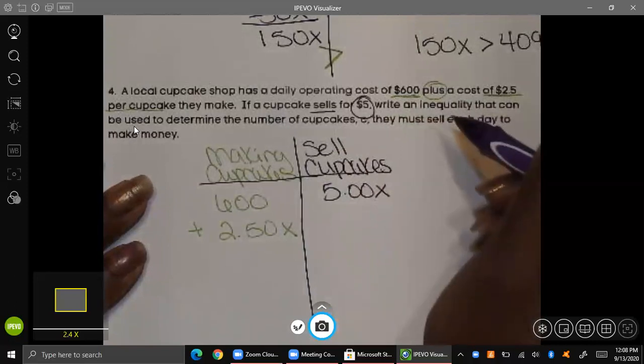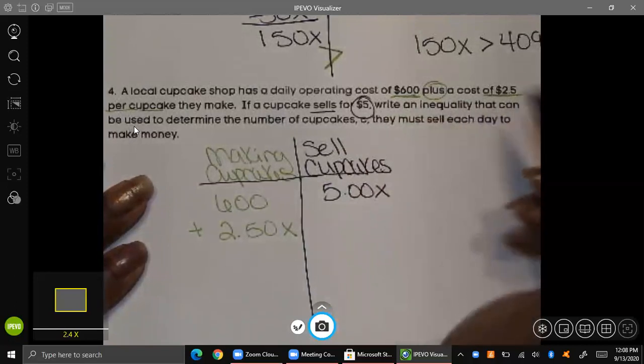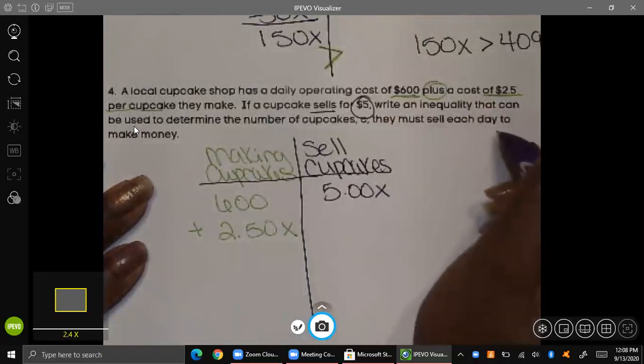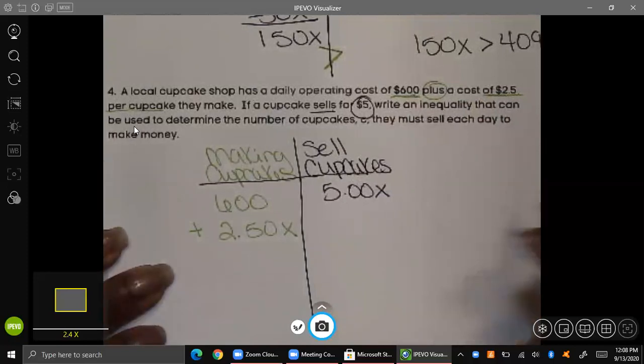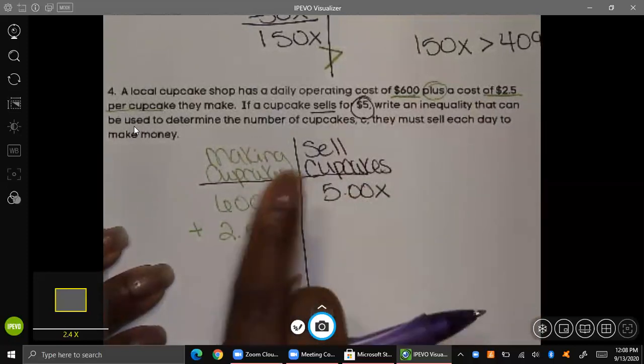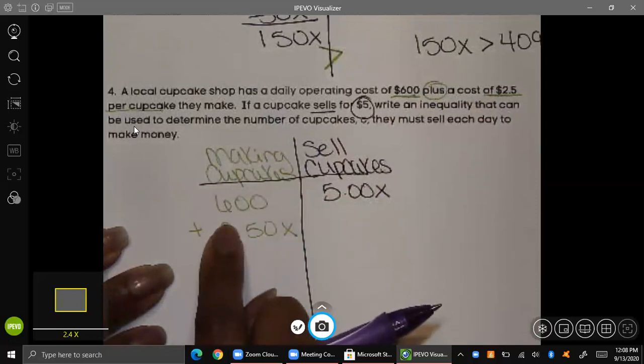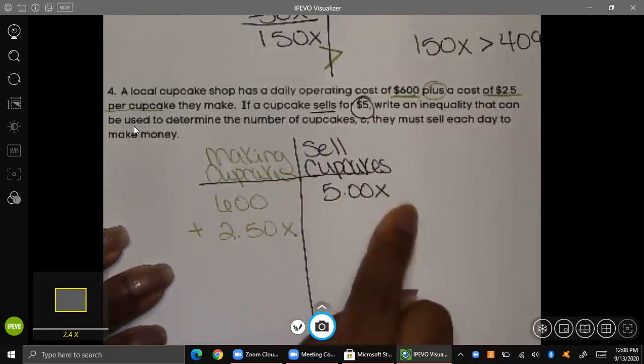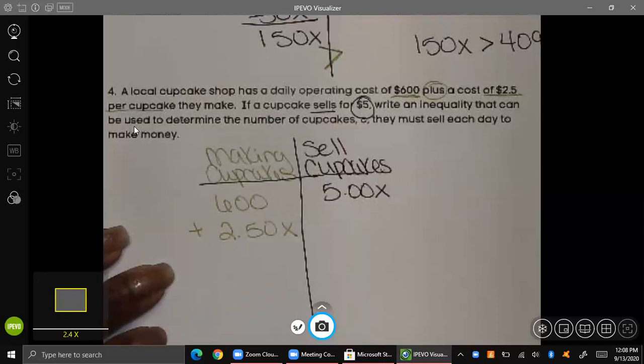We want to know how many cupcakes they must sell to make money. And to make money, you basically want to make more than you are spending. So this $5 is the amount of money that they are selling the cupcakes for. So that's the amount of money that people are paying them.